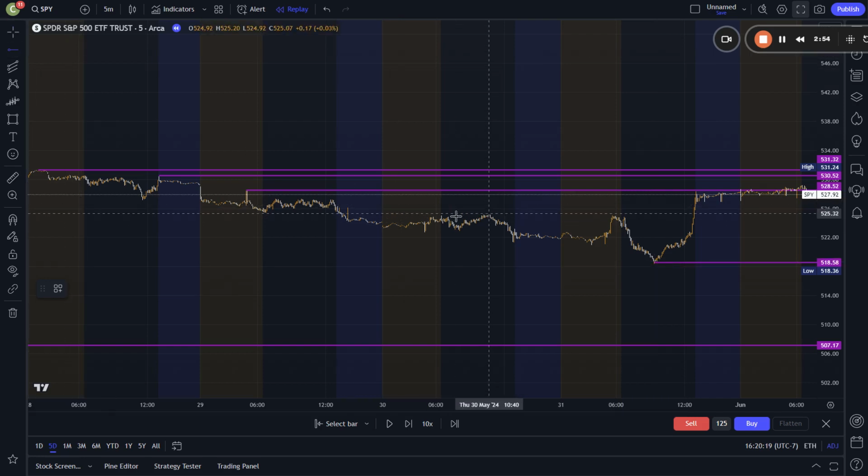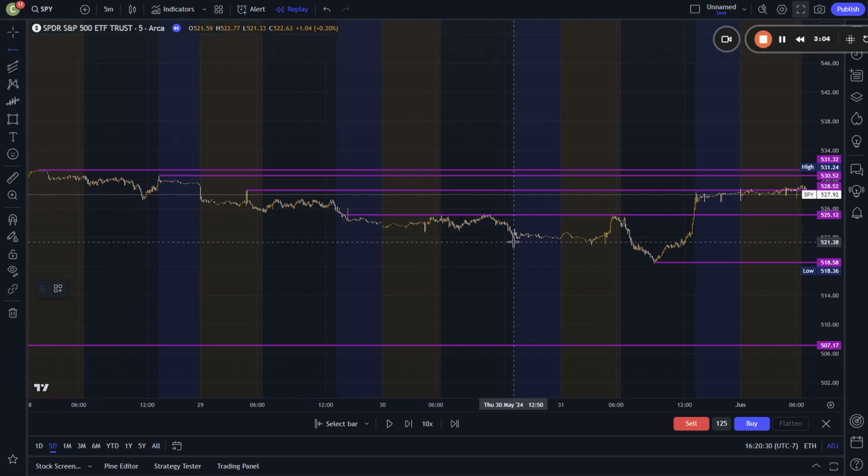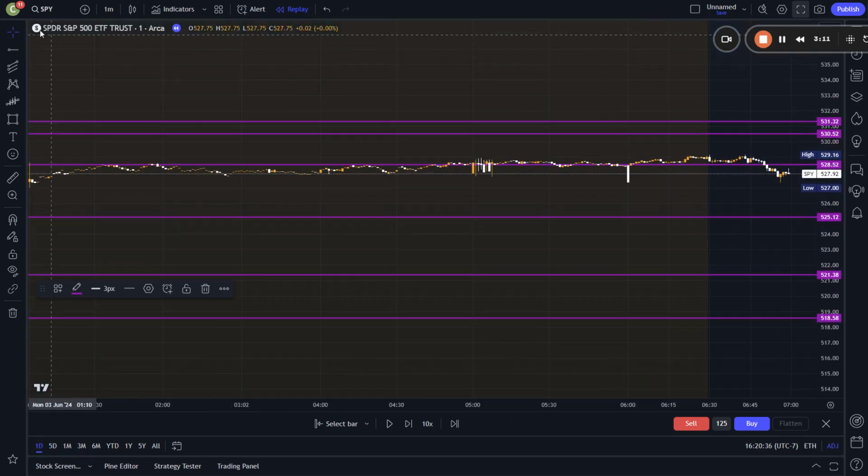You can get a double top over here, and then some consolidation of price that night. And now I'll kick it back to the 1-day, see where these levels rest and where the current price is, right?